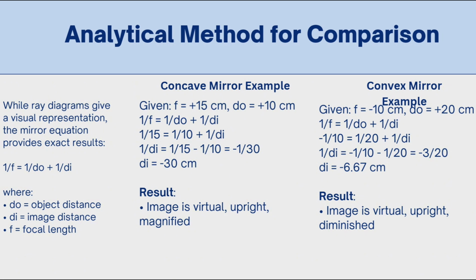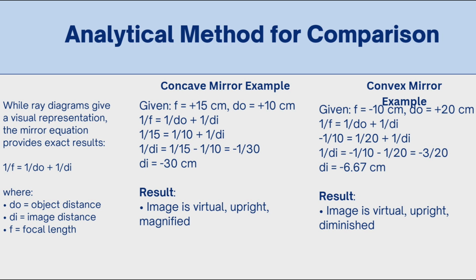So, negative 2 over 20 minus 1 over 20. So 1 over di is equal to negative 3 over 20. Then step 4, let's take the reciprocal to find our image distance. So negative 20 over 3, our image distance is approximately negative 6.67 centimeters.